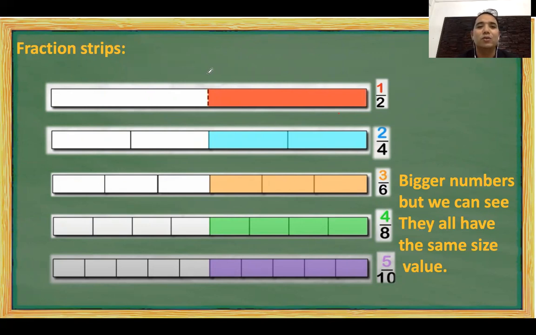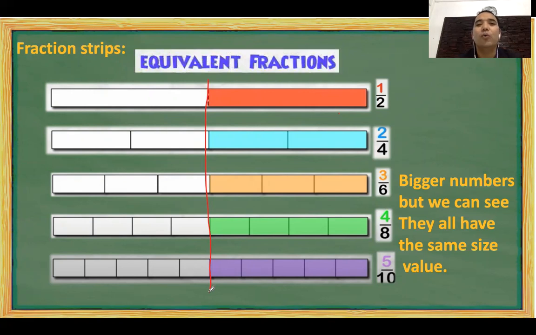Why? Look at this one. It is half, right? So that's what we call equivalent fractions. Different numbers, but the size or the value is the same. Okay, now you notice the denominator.